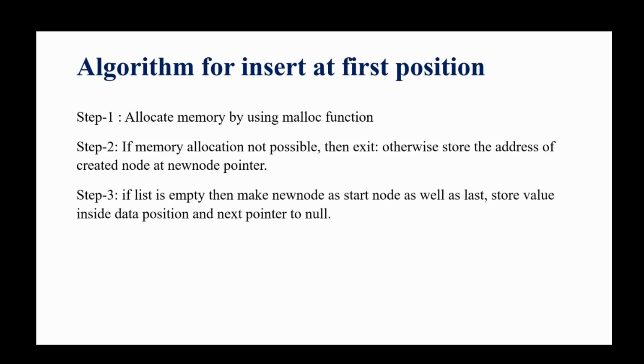Then the third step is to check whether the list is empty or not. If the list is empty, the newly created node becomes the starting node as well as the last node. After making first and last point to the newly created node, we store the value and make the next pointer null, because only one node is created, as previously there was no element.